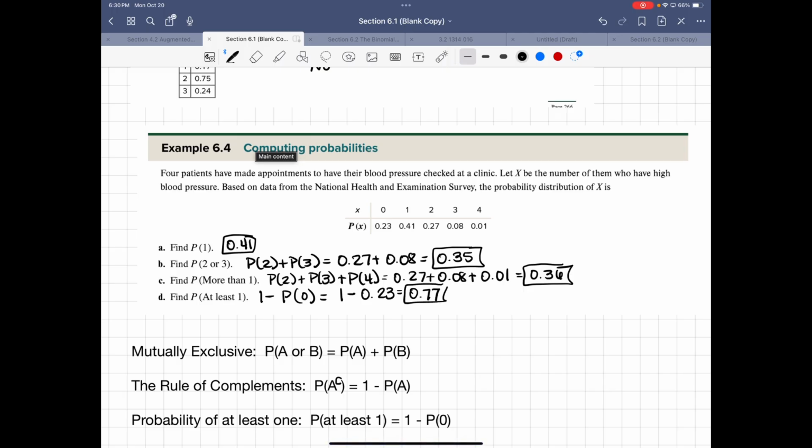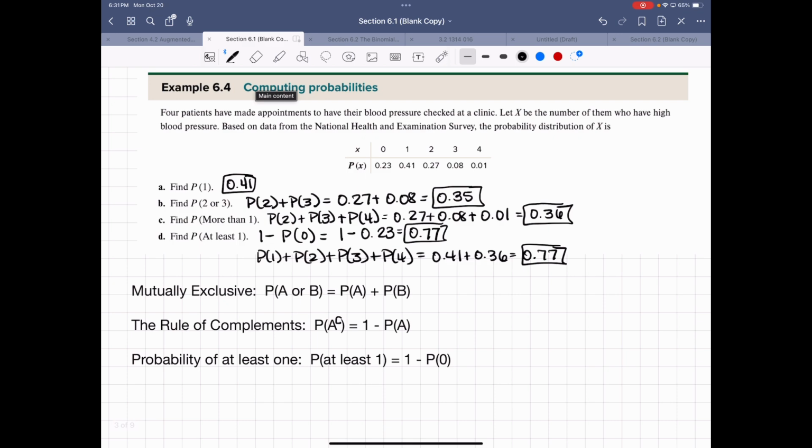And guys, if we found it the other way, the probability of 1 plus 2 plus 3 plus 4, well, the probability of 1 is 0.41, and then you found 2, 3, 4 above, right? That's 0.36, and sure enough, that's 0.77. You get the same thing. It's just less work and less button pushing in that calculator to just go 1 minus 0.23. Okay?